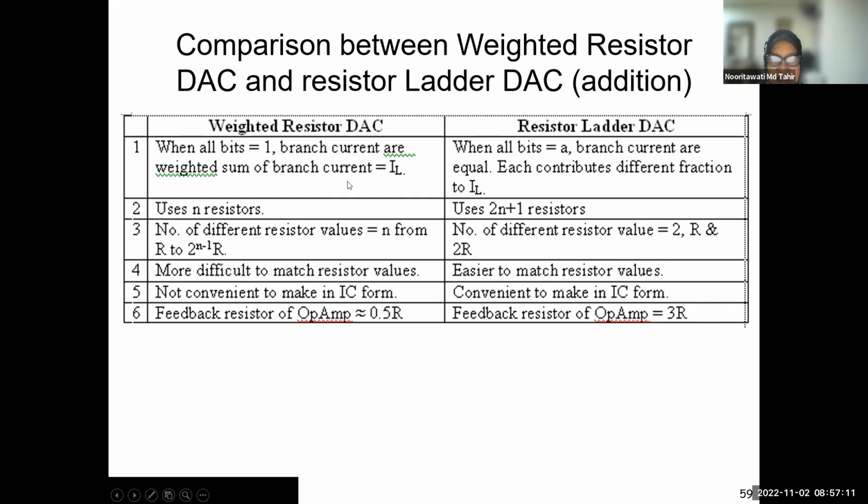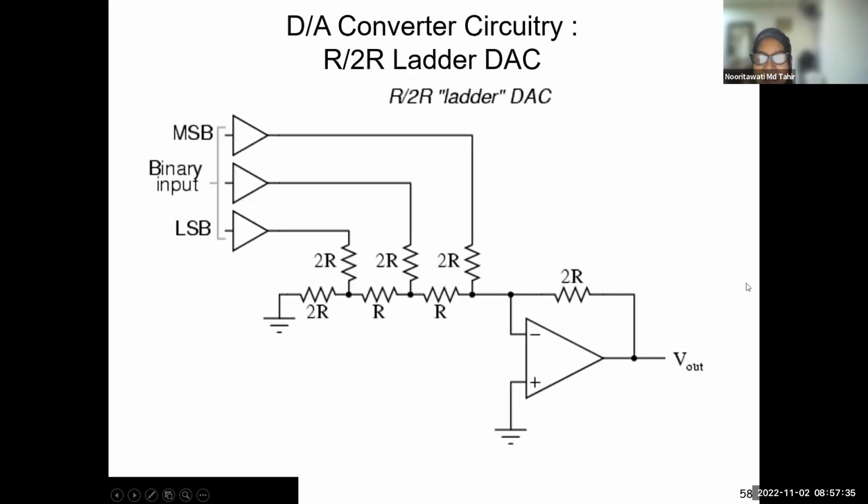So the weighted resistor may be a bit challenging when it comes to IC form, while the ladder is much easier. The op-amp feedback resistor for the weighted resistor is normally 0.5R. We can assume that. And for the resistor ladder it is normally 3R, or 2R.